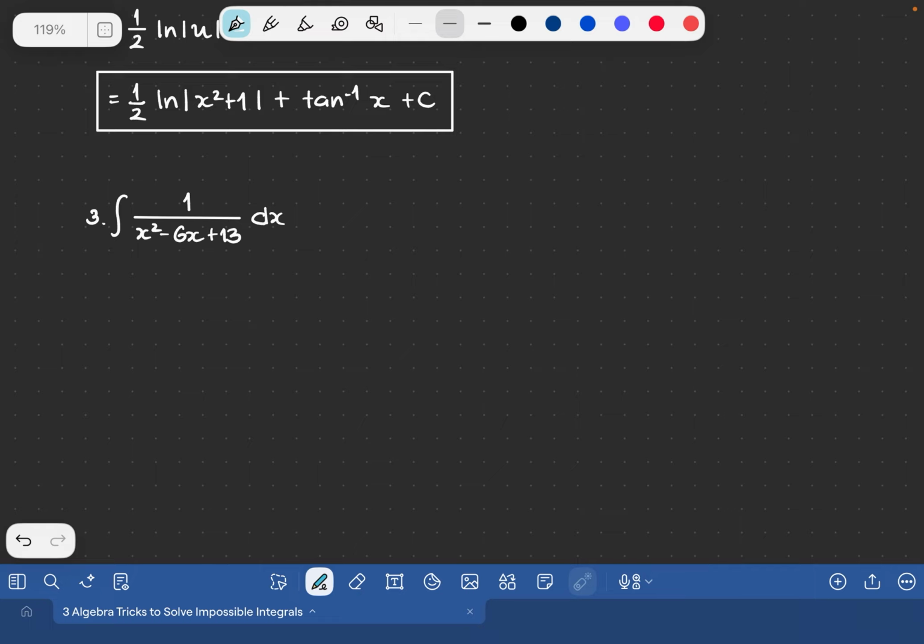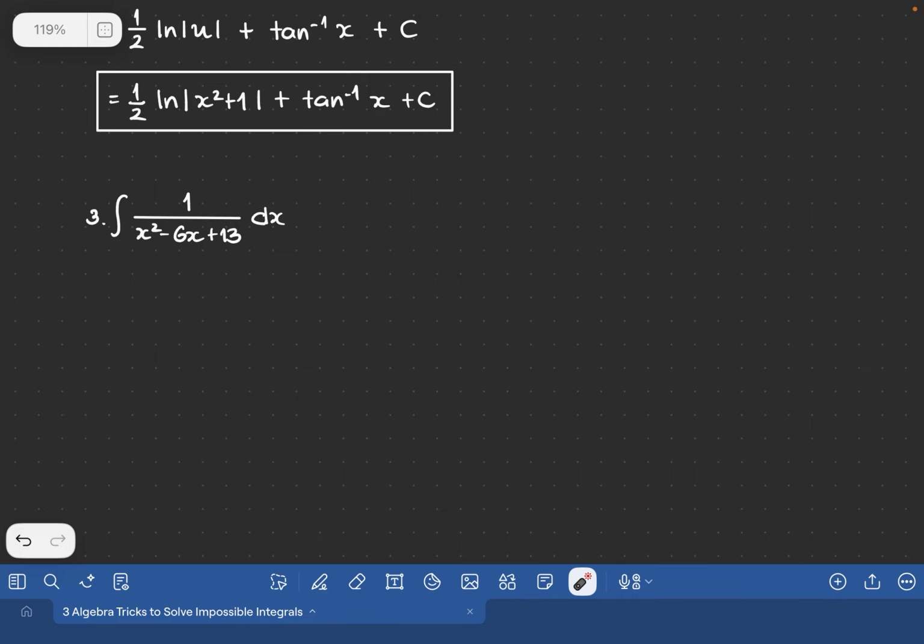There. Now for this one, obviously the level 1 trick that we use won't work, since again the degree of the numerator is lower than the denominator.